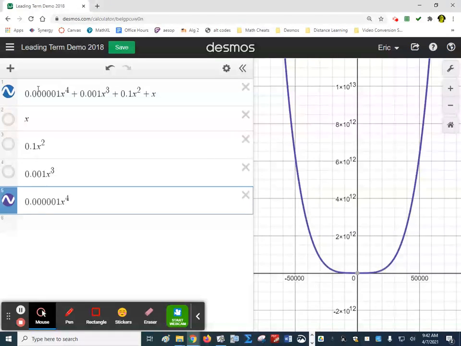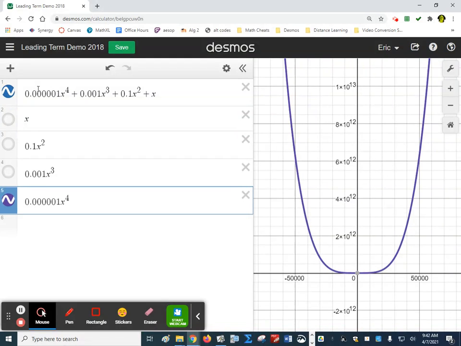So they all seem to, but which one approaches infinity the fastest? The quartic term. In fact, how much faster does the quartic term approach infinity than the cubic term? Infinitely. So the moral of the story is the leading term dominates the end behavior of the polynomial.